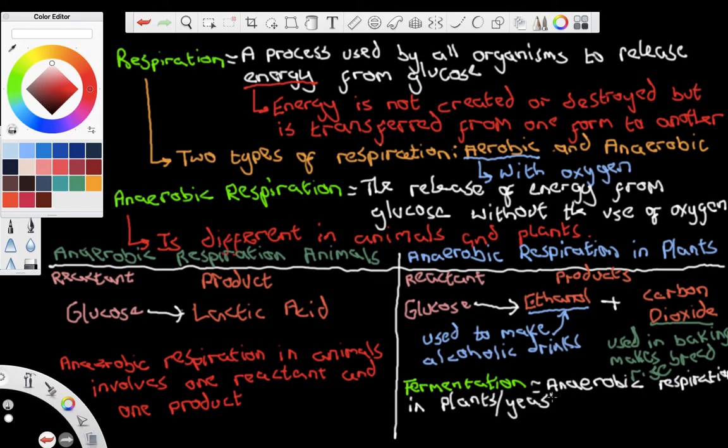That's something I forgot to add earlier. So anaerobic respiration in plants and yeast produces ethanol and carbon dioxide.